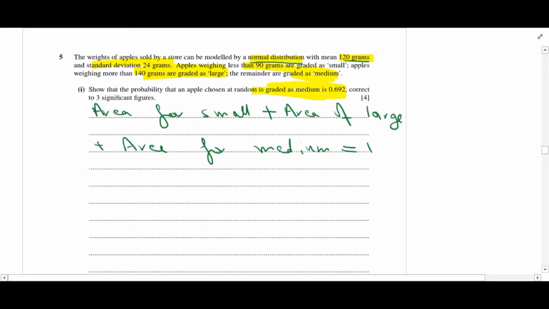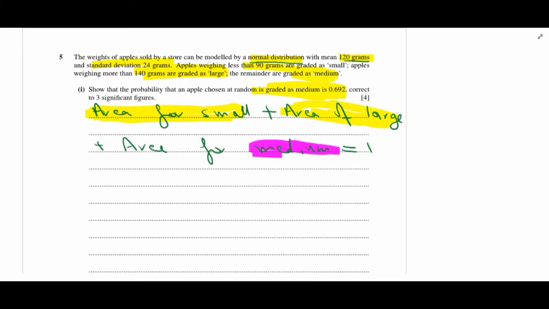Our approach would be to find the small and large areas, and then subtract them from 1, and we will get the remaining area, that is the area for the medium one. So let's get started.